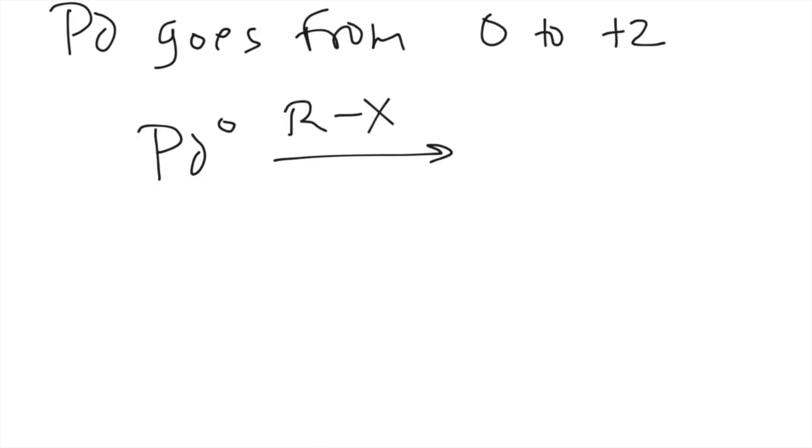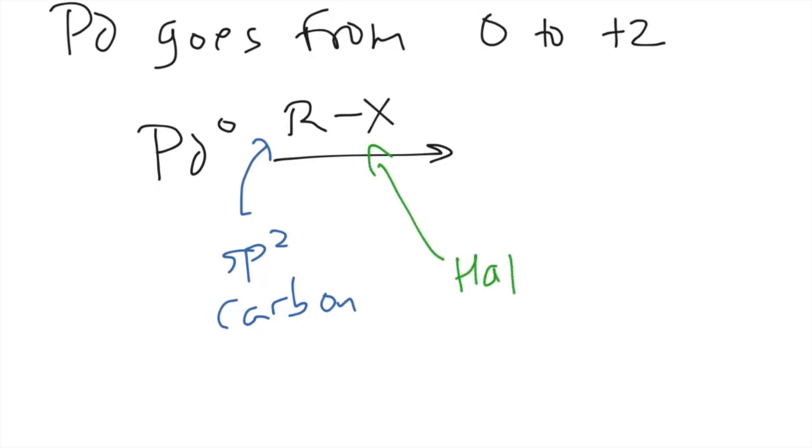R is usually an sp2 carbon, but not always. And X is typically a halide, usually bromine, iodide, or a halide equivalent, a thing that acts like a halide. So you can have triflate in there as a halide equivalent.